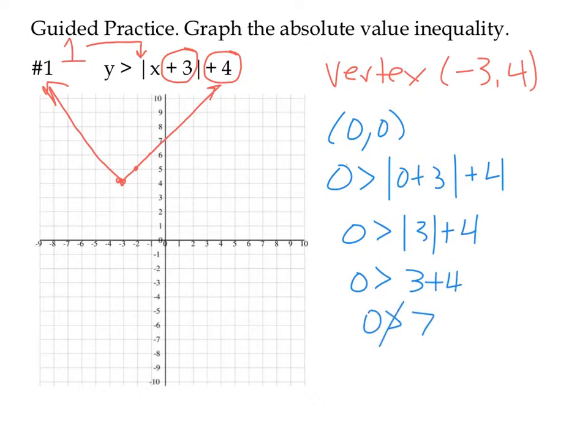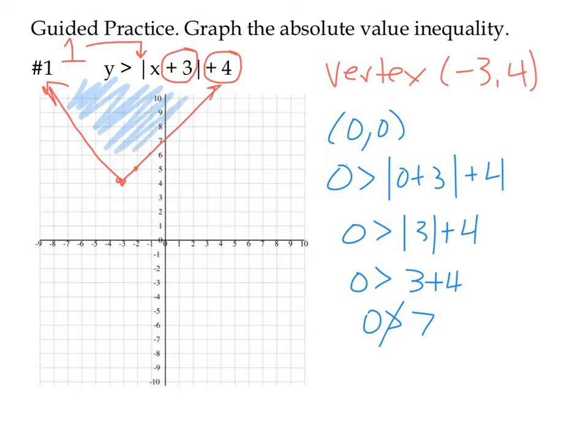That is not true. So we do not want to include this point in our shading. 0, 0 right here was not a solution, so it should not be part of what we shade. Instead of this part of the graph, we're going to shade this part, kind of inside the absolute value. So we can do that like this.